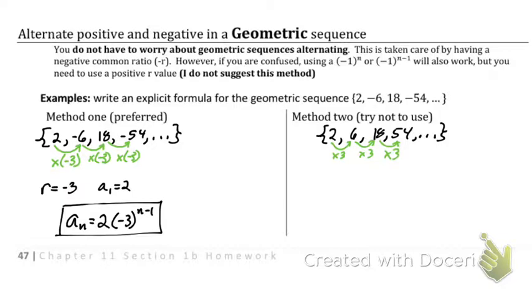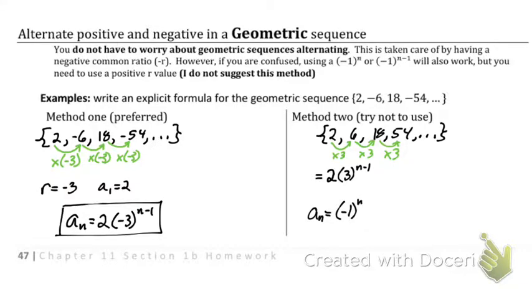Well, if I'm multiplying by 3, then my geometric equation would be first term times my R value to the n minus 1. However, it's alternating between negative and positive, so I'm going to throw that -1 in out front. So my official one is going to be -1 to the n.